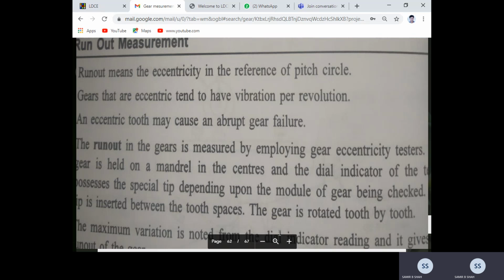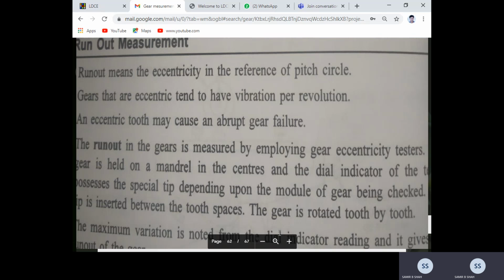Runout in the gear is measured by employing gear eccentricity testers. Okay, the gear is held on the mandrel in the center, and the dial indicator of the tester possesses a special tip. That is, one dial indicator may directly contact the gear with the proper special tip.